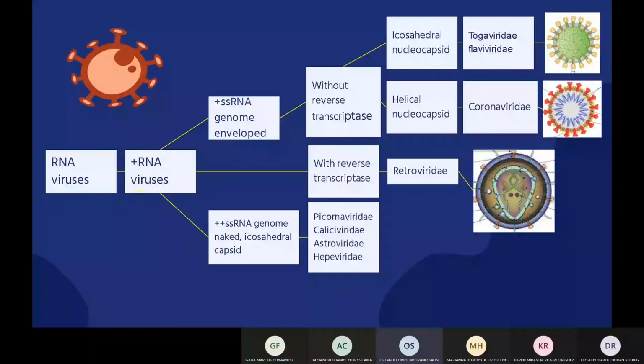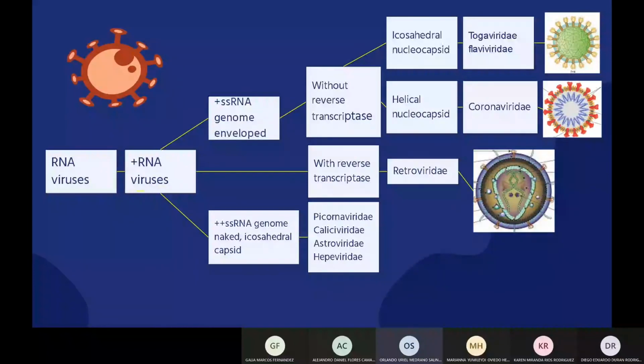Then are the RNA viruses that have three branches. They are the positive ssRNA envelope, then the ones with reverse transcriptase, and the positive ssRNA naked icosahedral capsid. In the second, there are the Picornaviridae and the Caliciviridae.